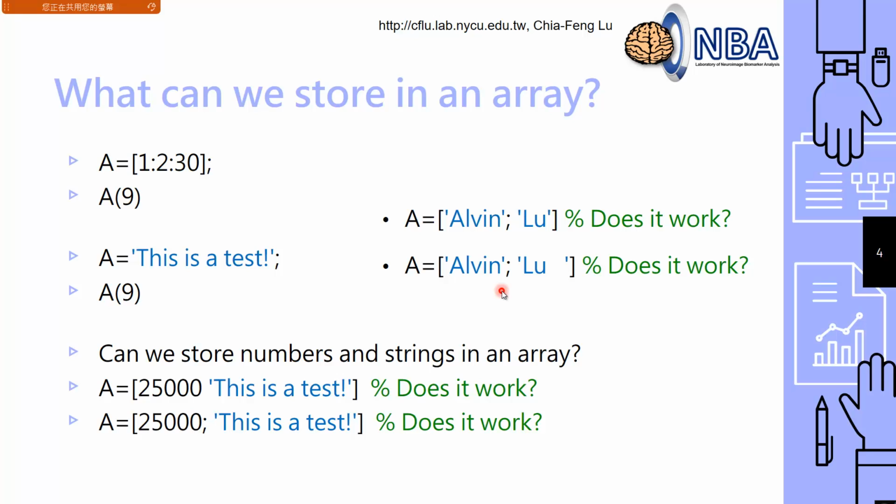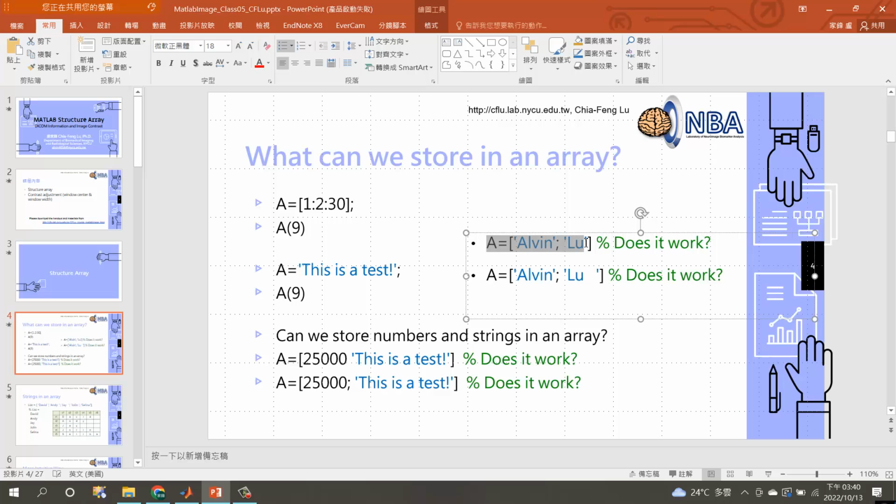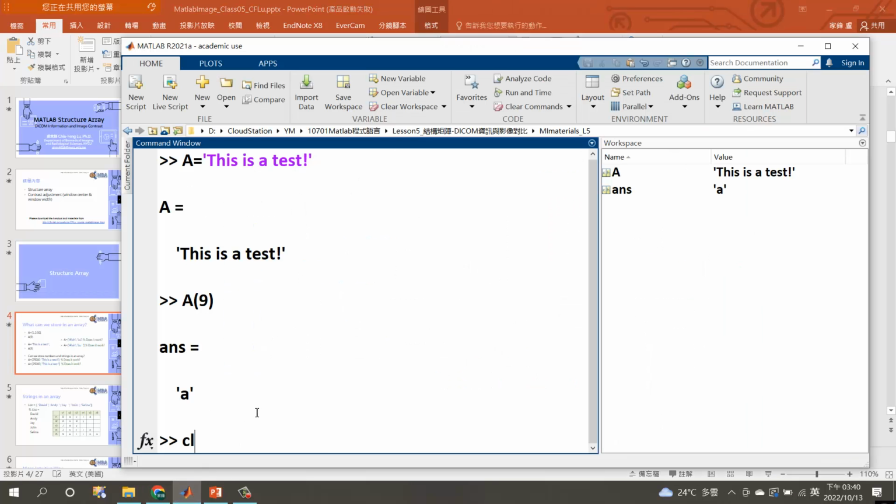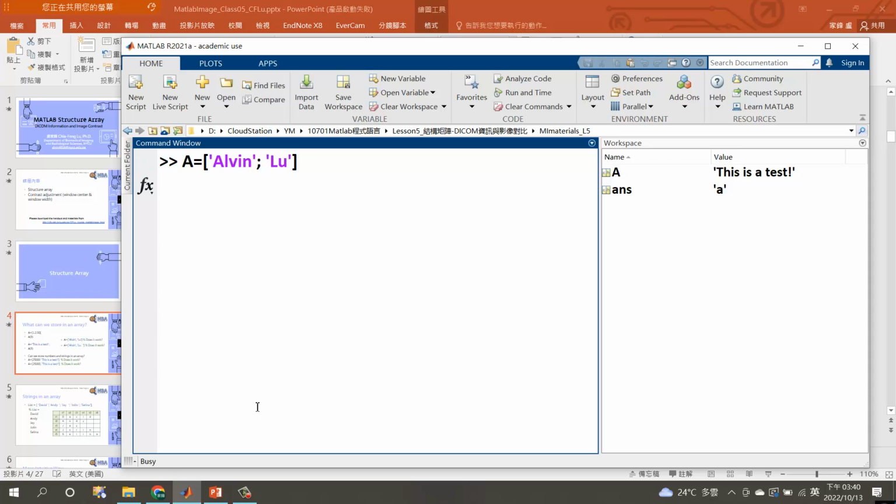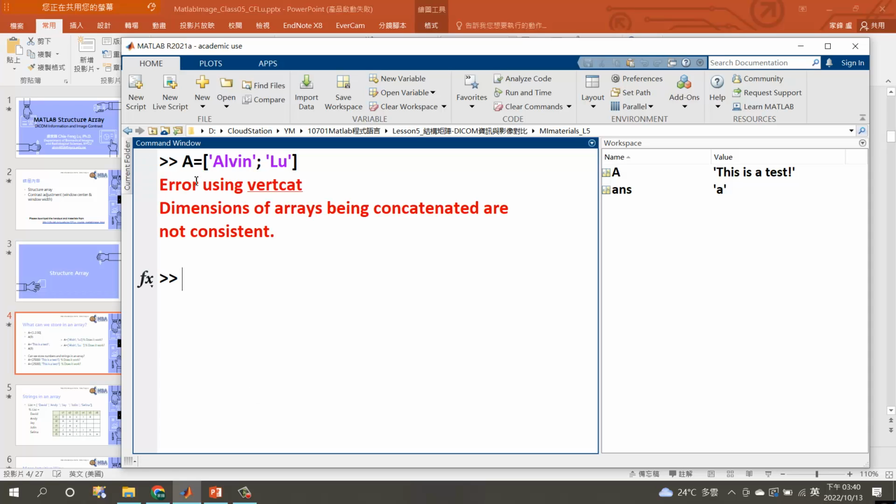So why is the first one wrong? Let me show you. If I just copy this command into the command window right here, you will see some error message, error using, okay? When you see some description starting with error, that means it doesn't work, okay?